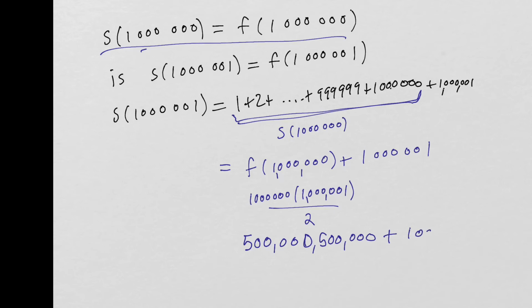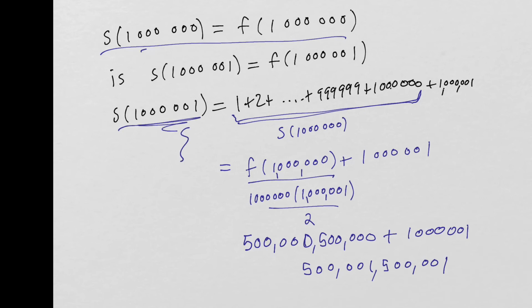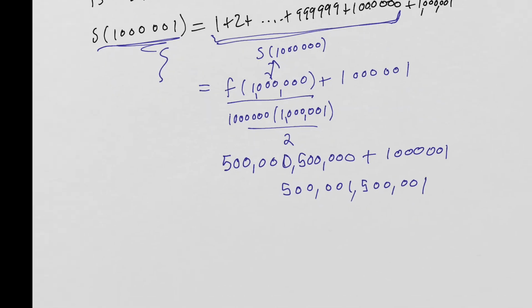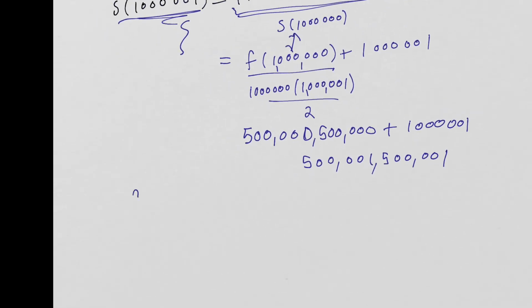Plus 1,000,001, so I get 500 billion 500 thousand and 1,000,001, right? So that's this value, assuming you haven't lied to me that I'm allowed to make this switch. And now I can easily calculate the little bit of math necessary to do this.